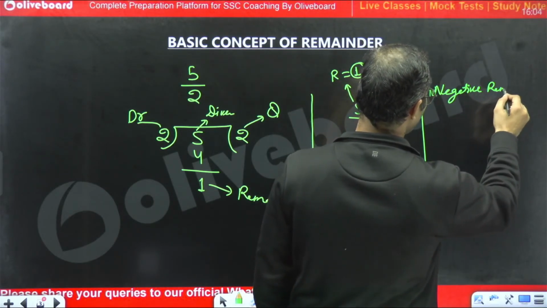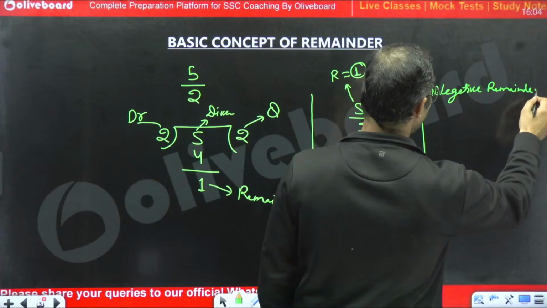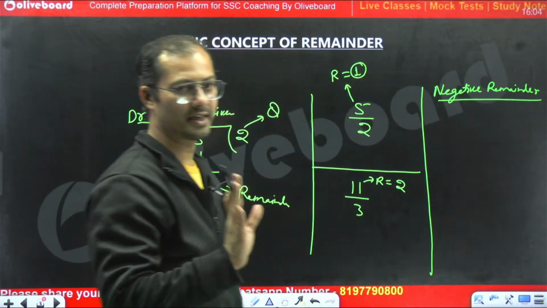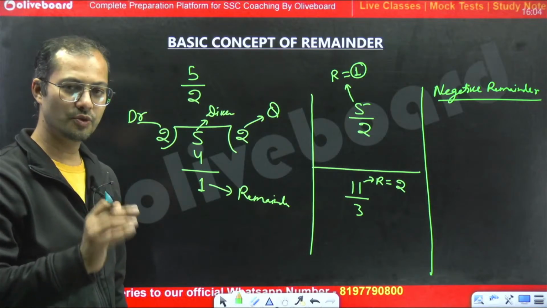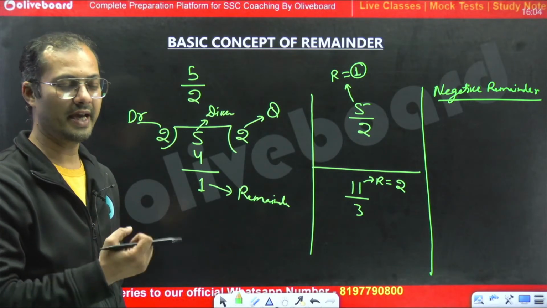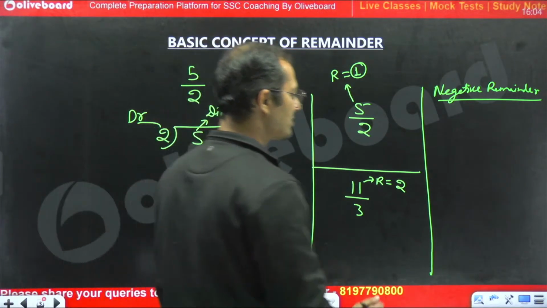What is negative remainder? See, remainder is not going to be negative, but we use the negative remainder to calculate the actual remainder. What is the concept?